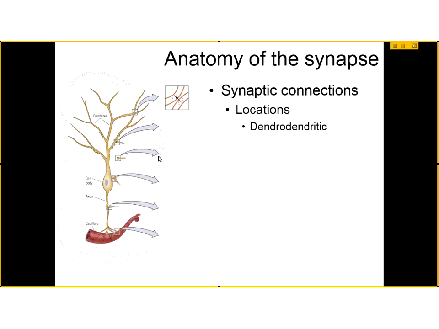Remember, dendrites collect, the cell body integrates, and the axon communicates it on to another area. It could be another neuron, another part of the body, it just depends. It could be a muscle, it could be a capillary. And depending on the type of synapse you have, it influences that flow of information.